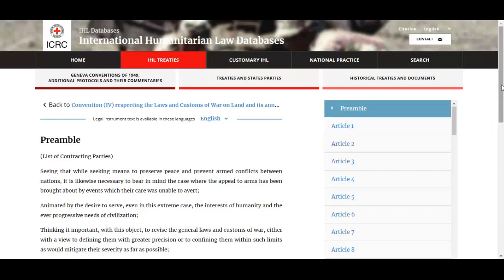So before I move on, that's all just covered by list of contracting parties. But how much changes in 116 years, from 1907?